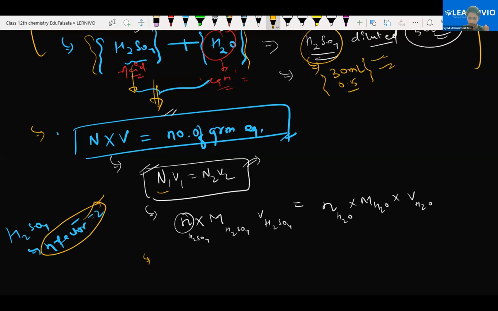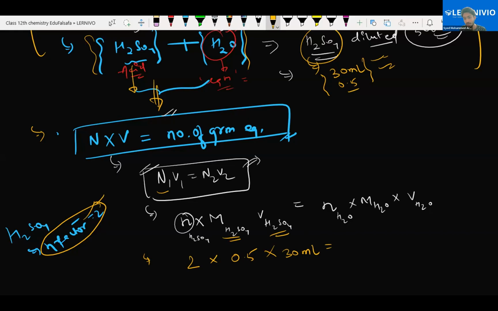Okay, so I am putting in the values given in my question. Molarity is given to me, which is 0.5, and the volume of H2SO4 is 30 ml. Now the question is in which unit we should put the volume, liter or ml. It depends on the volume of the other component.